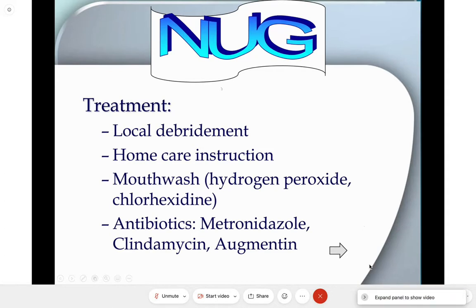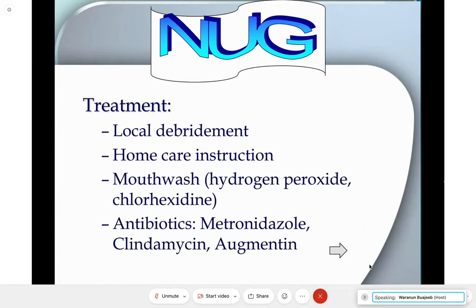Once you diagnose NUG, the most important thing is local debridement, superficial cleaning, which can be done with an ultrasonic scaler, just superficially, because the patient is very painful along the gingiva.